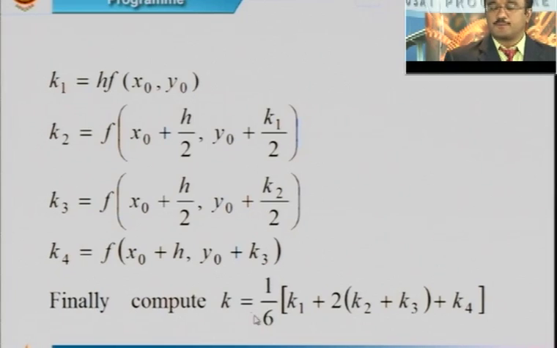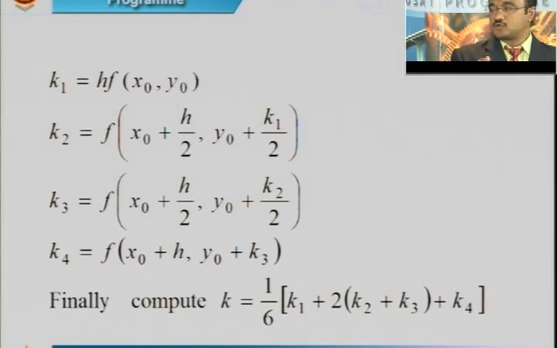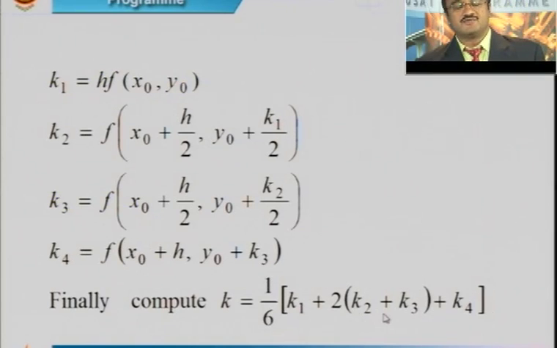And finally we compute k. It will take the average in this form: 1 by 6 times of k1 plus 2 times of k2 plus k3 plus k4. So this is the procedure we adopt to solve the ordinary differential equation by the Runge-Kutta fourth order method.